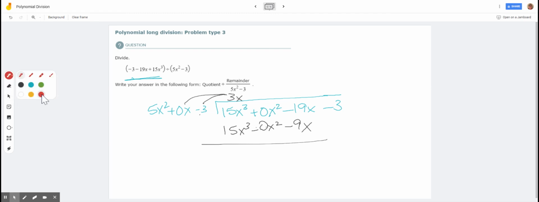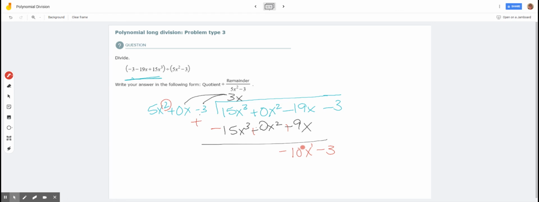Okay, again, we're subtracting, which means we change the signs and we're adding, right? Add the opposite. These cancel, and we're going to get negative 10x. Bring down the 3, minus 3. And guess what? You're done, because look, this is a square, and that's a 1. Squares don't go into 1.